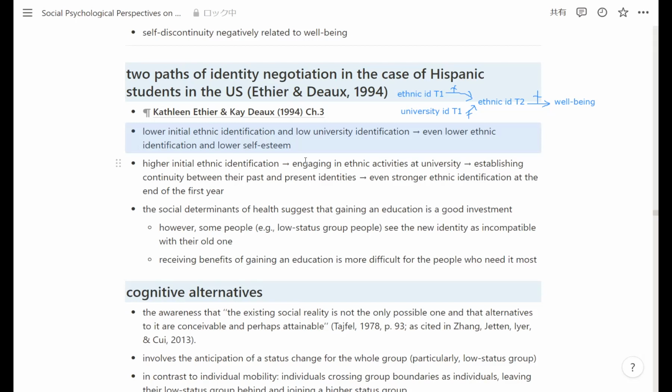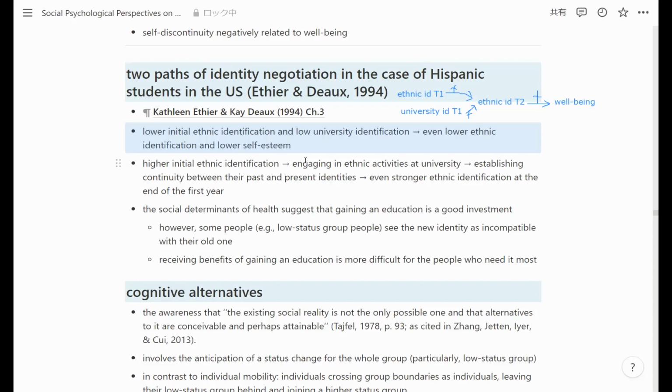And because they do not identify with Hispanic culture, they do not express their Hispanic identities at university. And also because they come from a relatively lower status group, they perceive the incompatibility between what they used to have in high school and what they find at university.